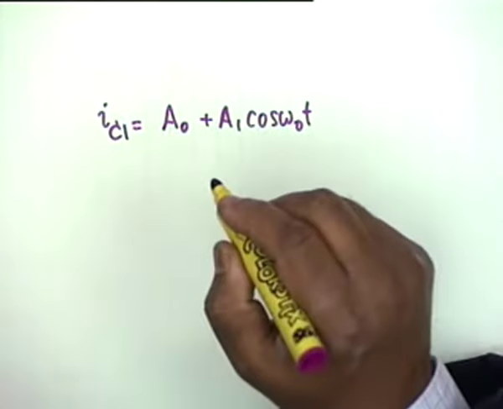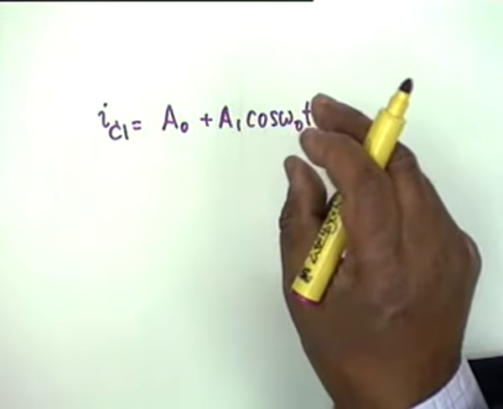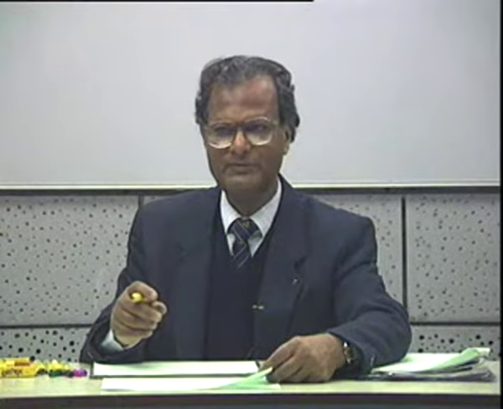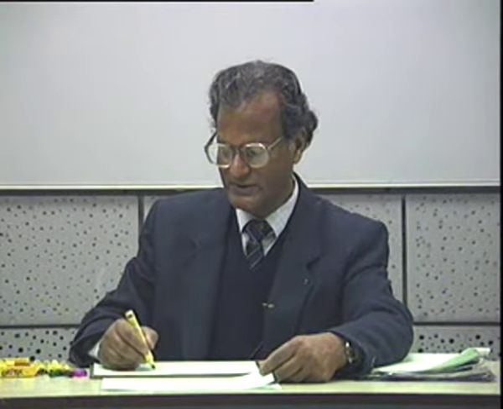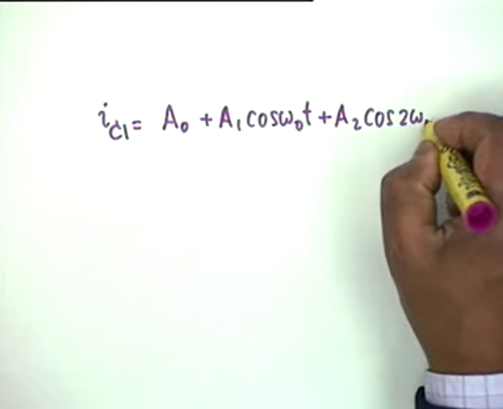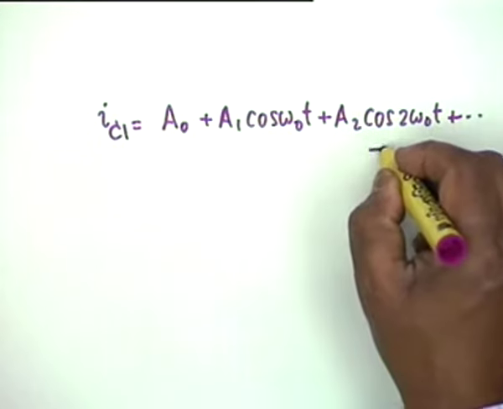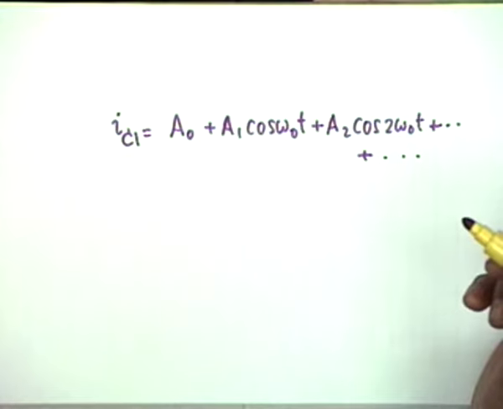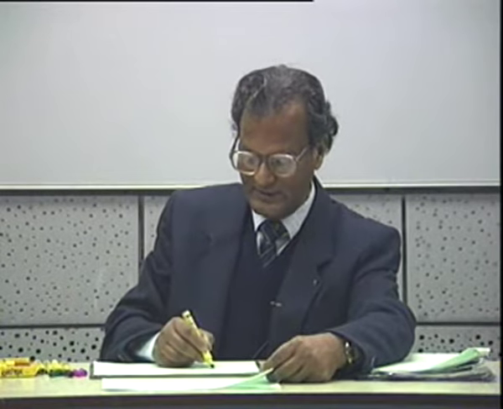This is the signal that I have applied, plus its harmonics due to distortion. Because power amplifiers are large excursion amplifiers, there will be distortion, and this distortion may be A2 cosine of 2 omega 0 t plus etc. I don't know how many harmonics there are; Fourier series gives an infinite number of harmonics. So if we expand this in Fourier series, we get something like this.